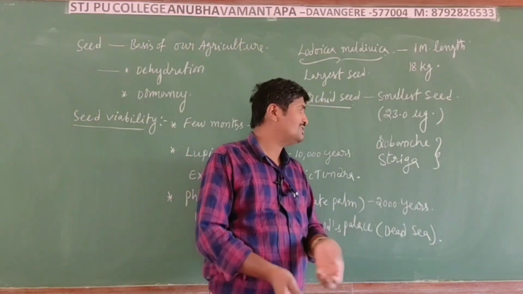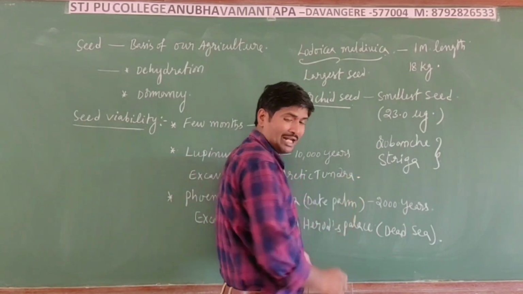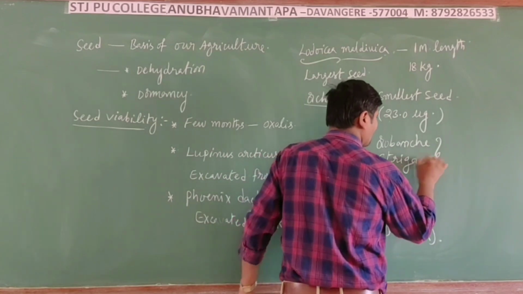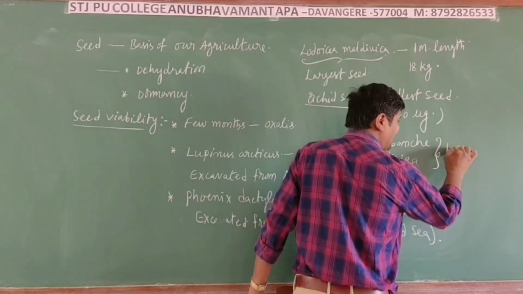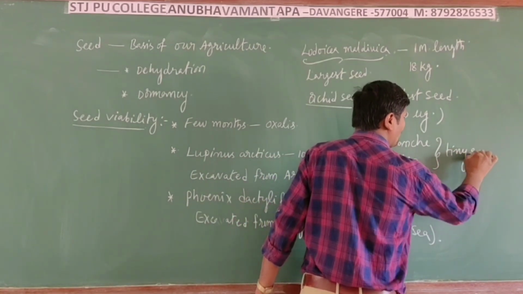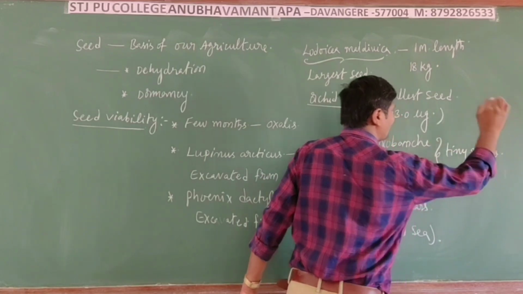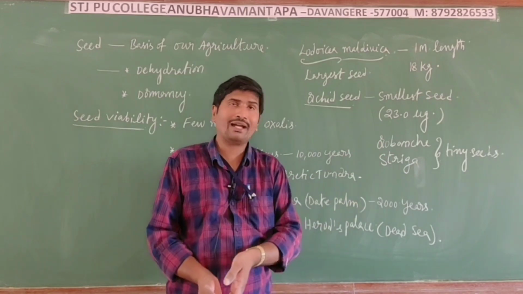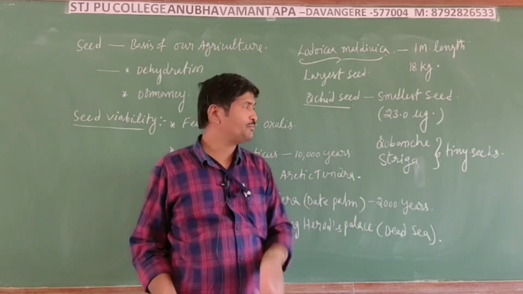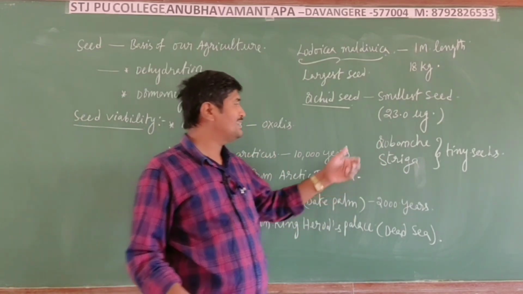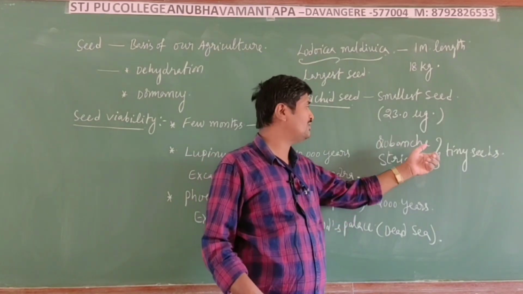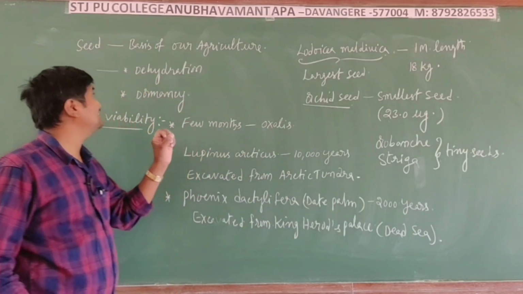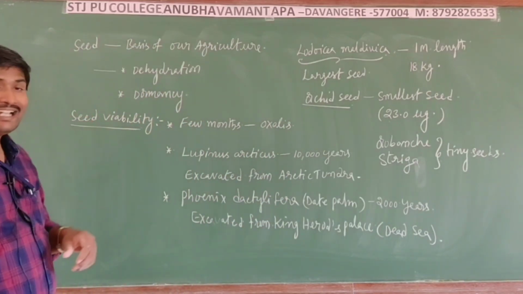These Orobanche and Striga are the main parasitic plants. These parasitic plants contain a number of tiny seeds in their fruit. The fruit contains many thousands of tiny seeds. Okay, so this is completely the seed variability.